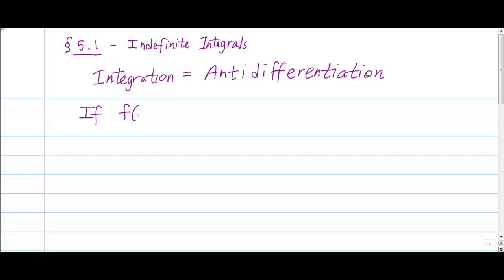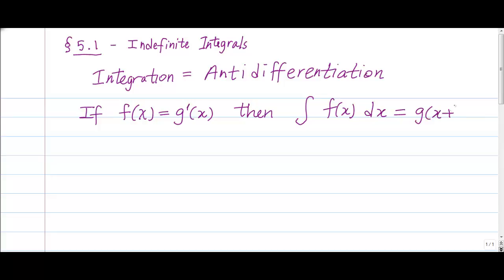If f of x is g prime of x, then the integral, so this is the integral sign, an elongated s, of f of x dx equals g of x plus c.